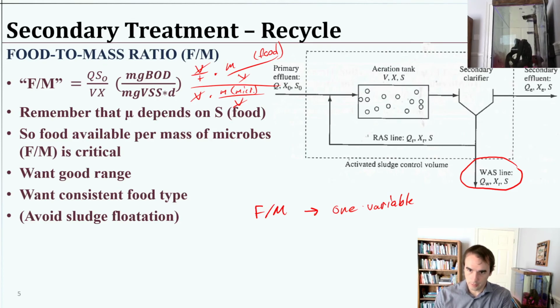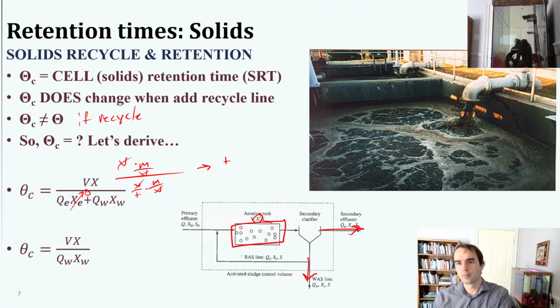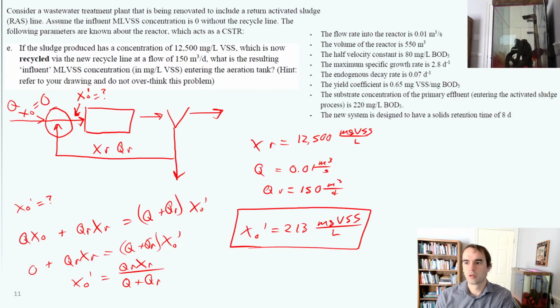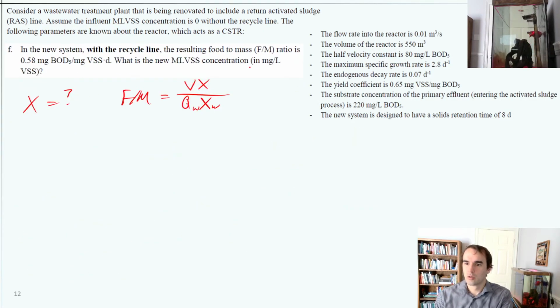Right, we're looking at the mass of the food. That should have been obvious. QS naught divided by VX. Okay, that's the proper one.